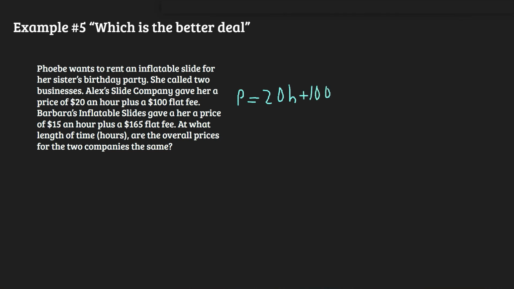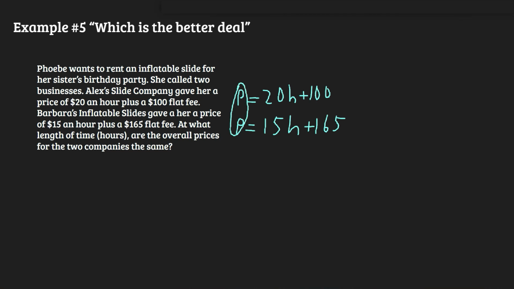And then the price for Barbara's inflatable slide company is $15 an hour, so $15 times how many hours Phoebe rents it for, plus a $165 flat fee. And since I'm trying to find at what length of time the overall prices for the two companies are the same, I can equate the two P's to be equal to each other, because I'm trying to find when the prices are the same.